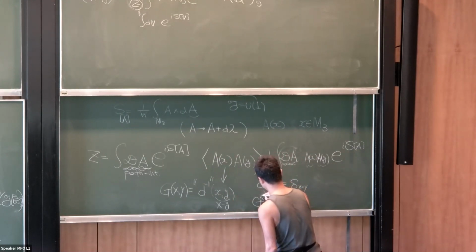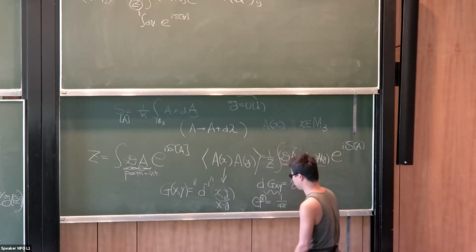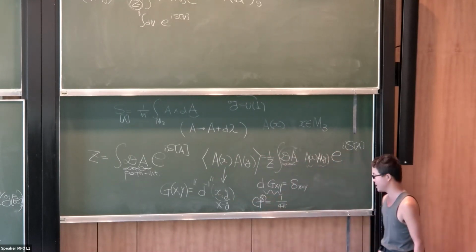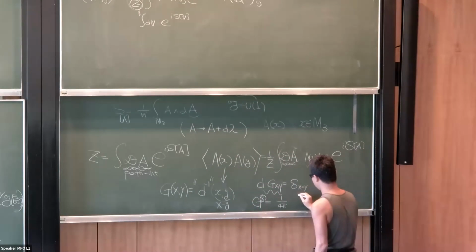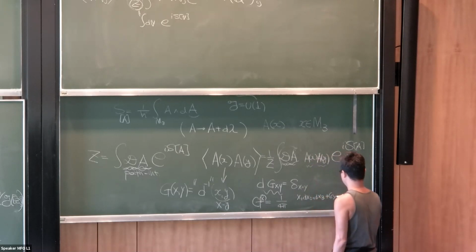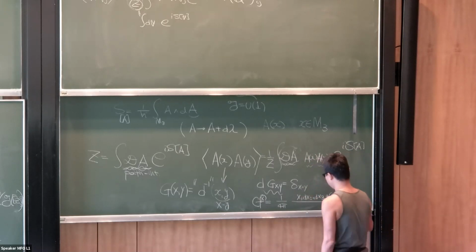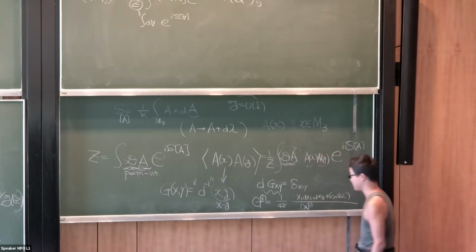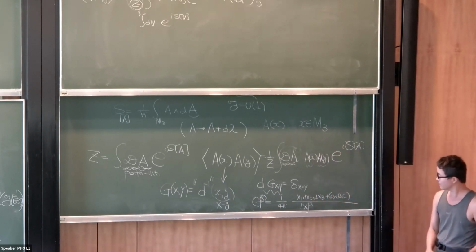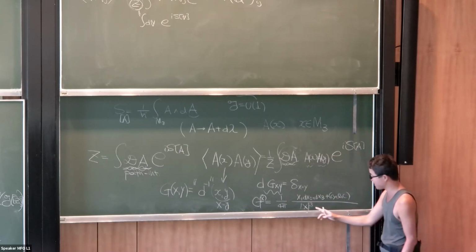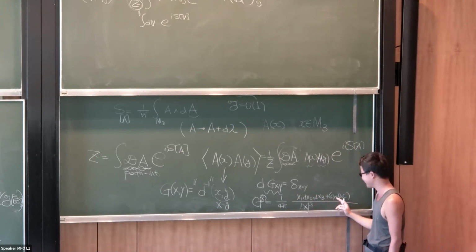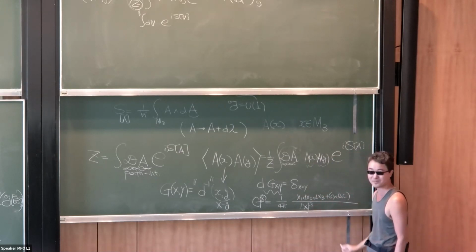We are in 3 dimensions, so it has 3 components, x1, x2, x3, with dx2 dx3 plus cyclic. And then there is this length, the square of x, to the cubic power, something like this. It's a cubic power because space-time is 3 dimensional, and then there is this factor. So it's a propagator 2-form.